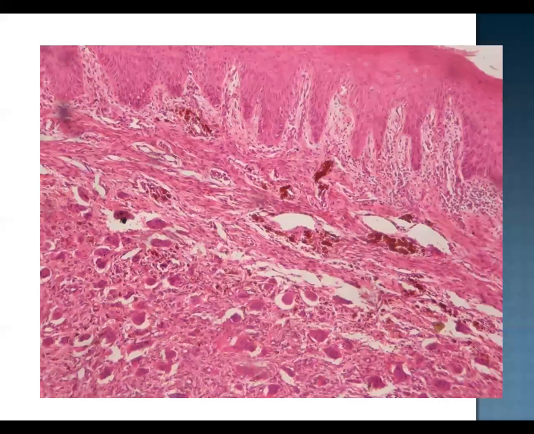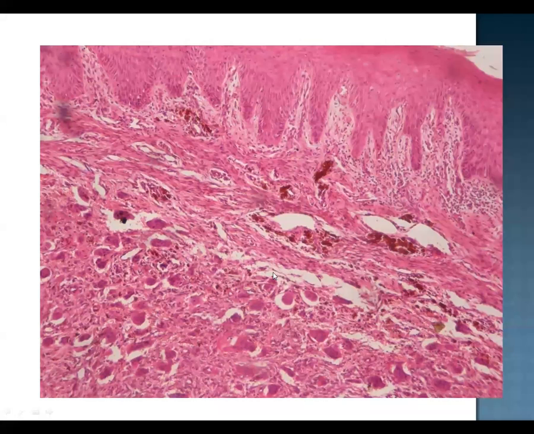Peripheral lesions contain soft tissue tumors or soft tissue lesions only. In this peripheral giant cell granuloma, you can see above the epithelial lining. Then the normal connective tissue with wide blood vessels and the presence of hemosiderin pigments, which are brown in color.